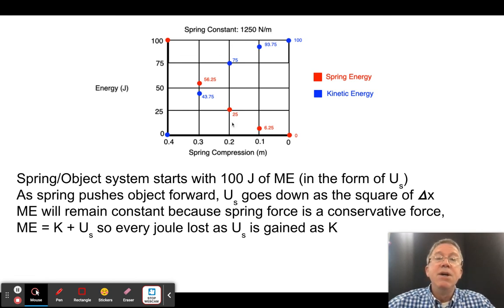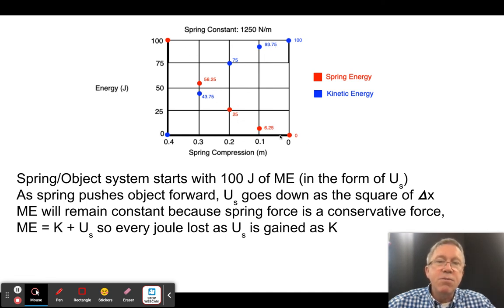As the spring continues to decompress, now it's only got 6.25 joules in it, which is basically 1/4 squared. Then the other energy, if I take 100 joules minus 6.25, I get 93.75.